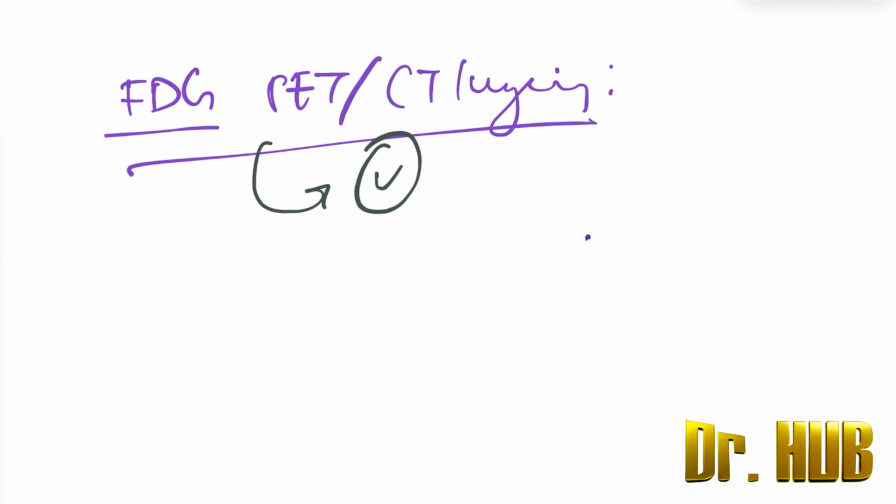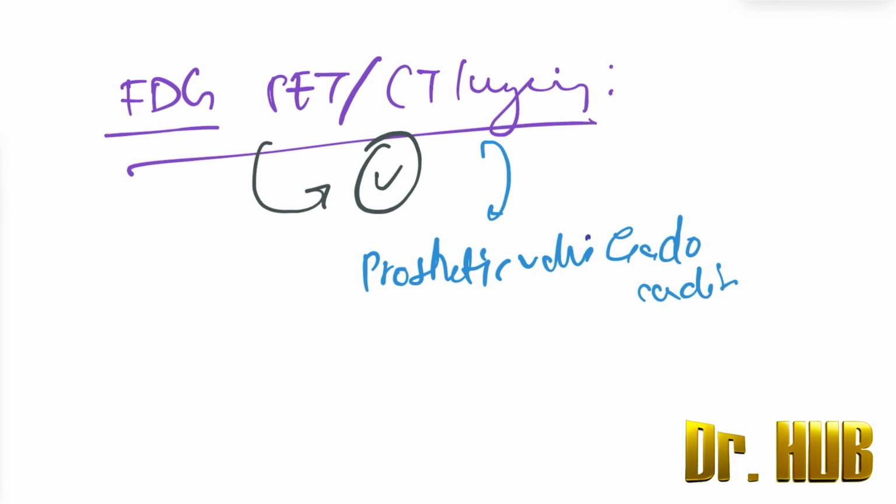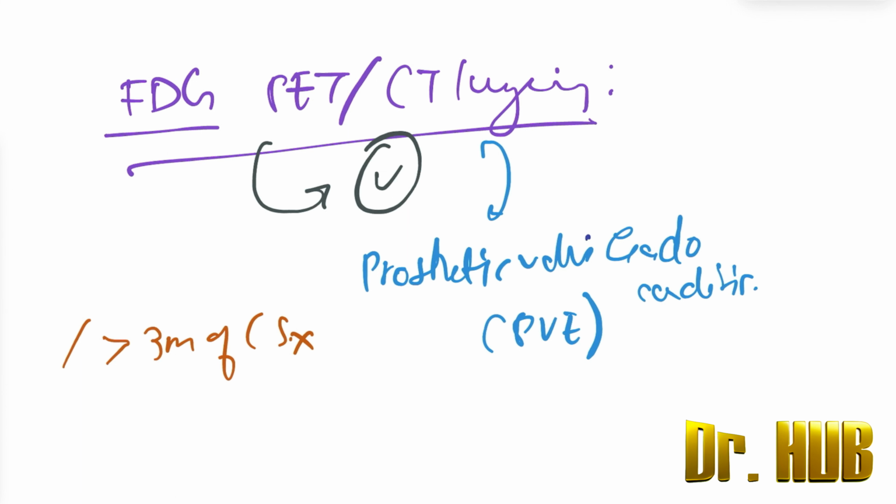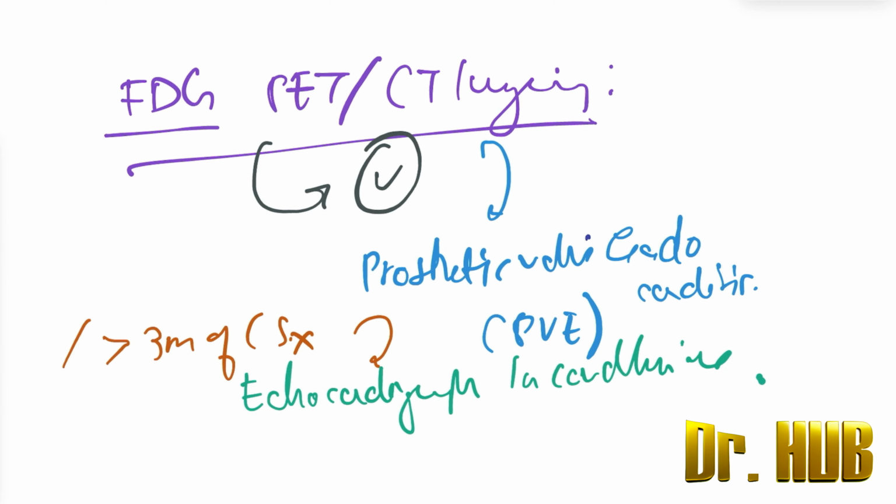It is considered a very important modality, particularly in cases of prosthetic valve endocarditis, or PVE, that is greater than 3 months after cardiac surgery, and when the echocardiography is inconclusive. That is, you don't find it clear.